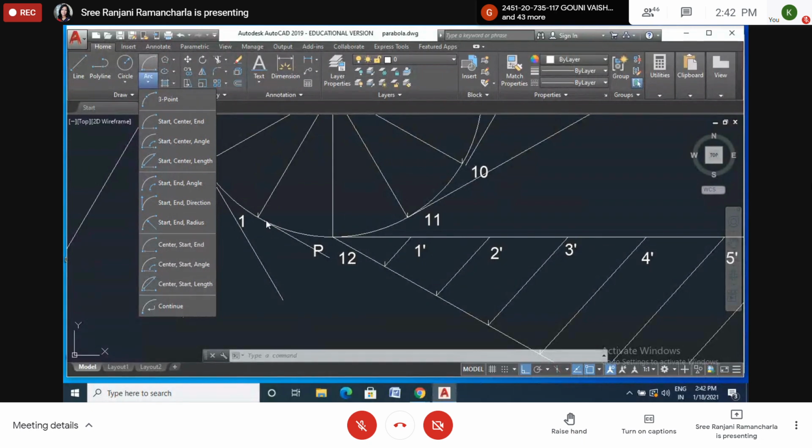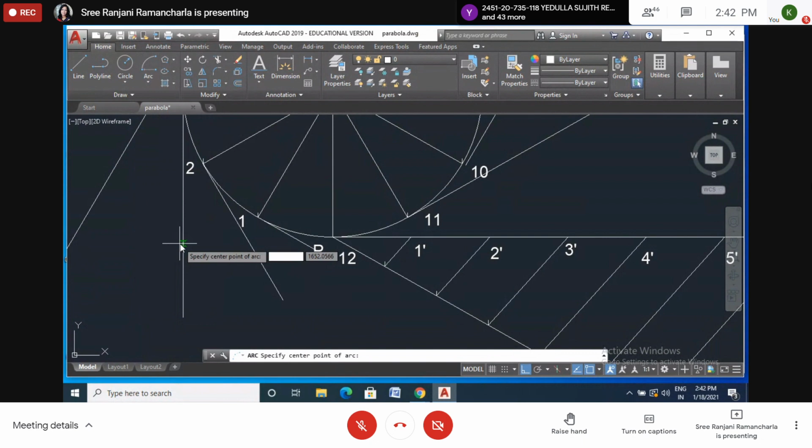Center, start, end. This only I will need. So the center is this one, and the radius you have to take is 130.9. For you, how much did you get? 1.3? Okay. Don't measure how much you are getting with the compass. The same: take 1 as a center and just draw the curve.